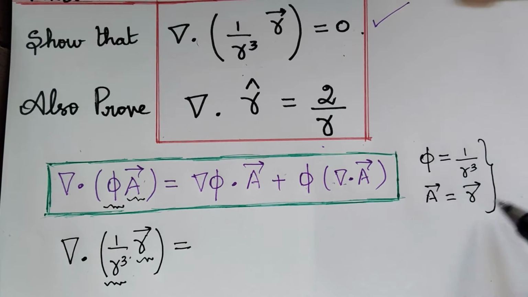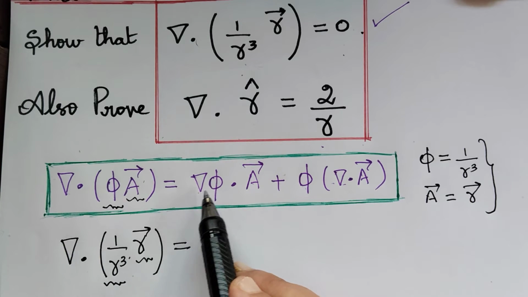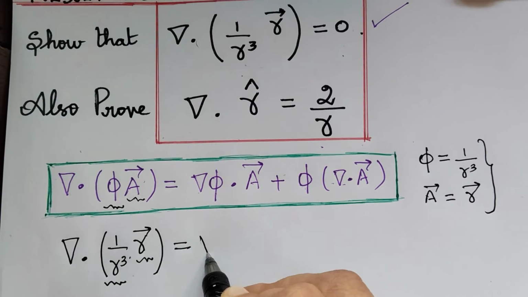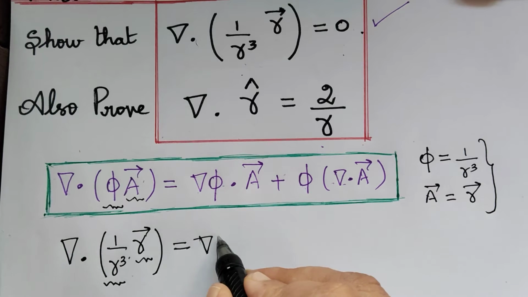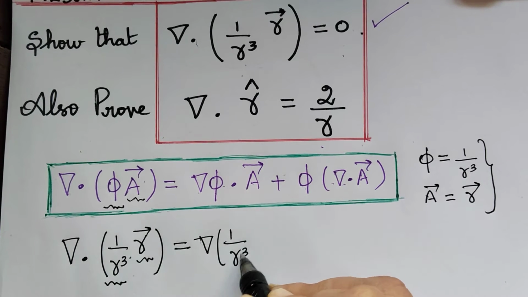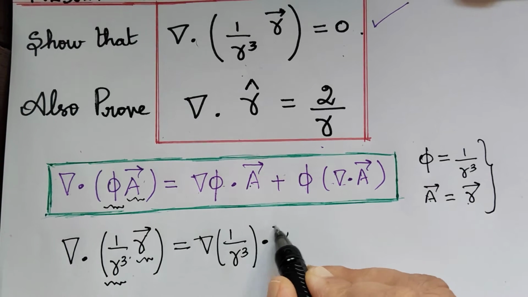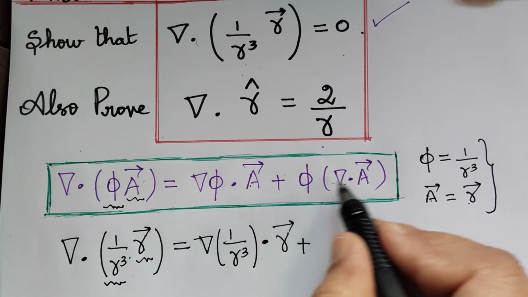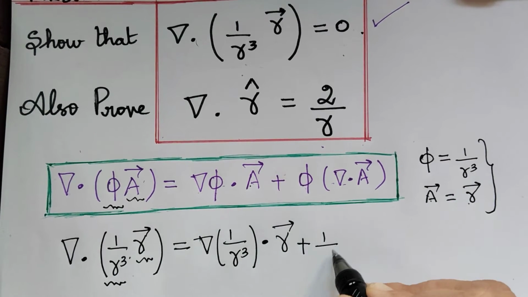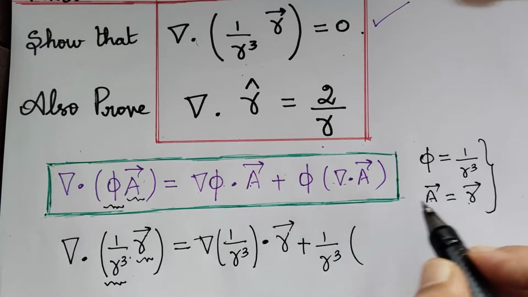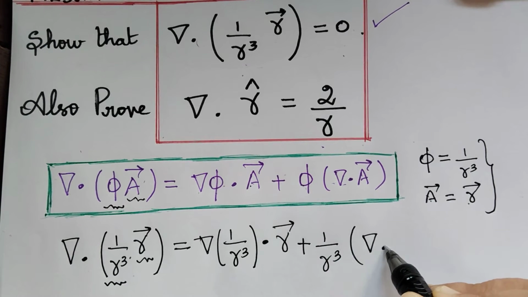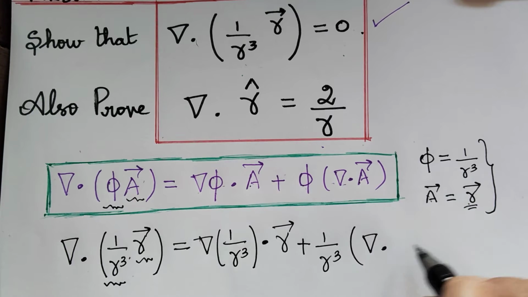When we do so, first is nabla phi, so we have nabla of 1 by r cube, dot product with a vector, which is r vector, plus phi, which is 1 by r cube, multiplied with nabla dot product with a vector, which is r vector.